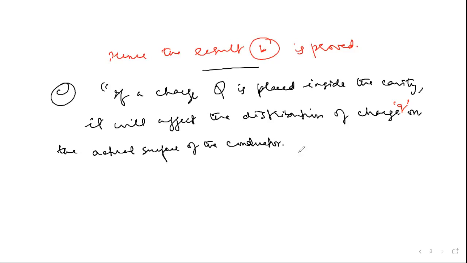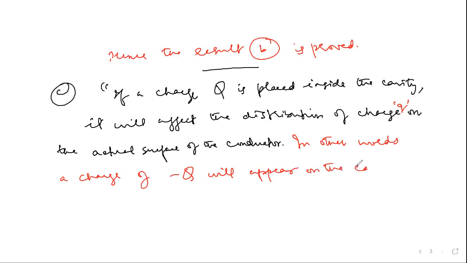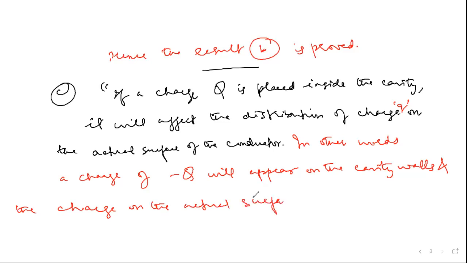In other words, a charge of minus Q will appear on the cavity walls, and the charge on the actual surface will change from q to q plus Q.